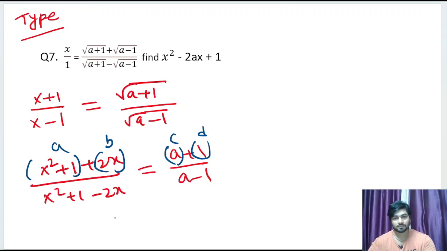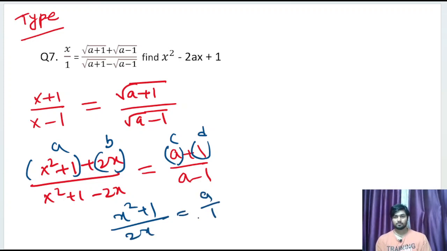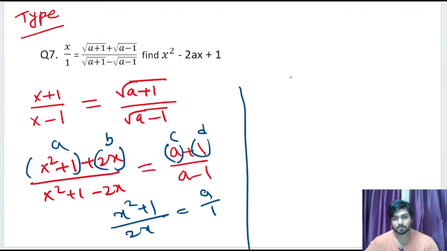So a by b is x square plus 1 upon 2x, is equal to c by d, that is a upon 1. Right. So let's cross multiply this. Let me write it here.